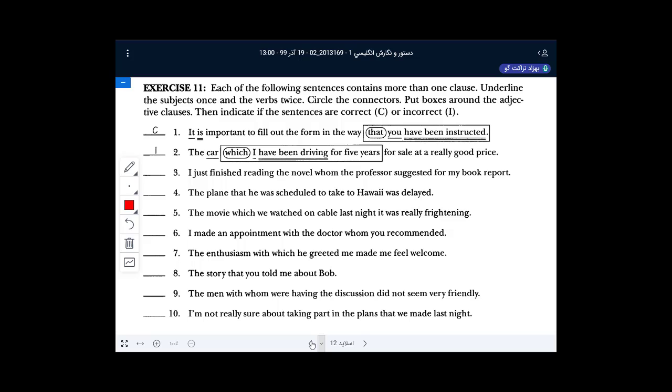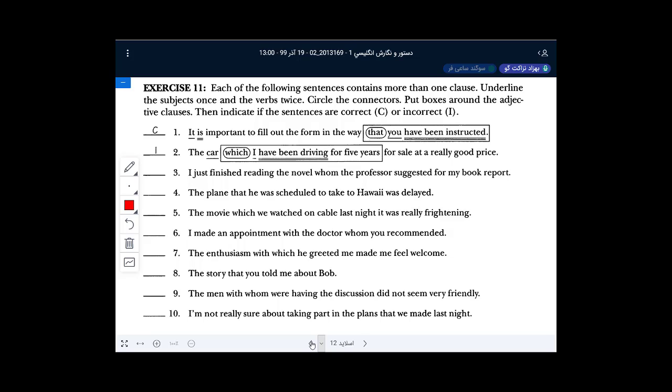The subject is present, but the verb is missing. If the subject is present and the verb is missing, it's a fragment. If the subject is missing but the verb is present, again, it's a fragment. If both of them are absent, again, it is a fragment.